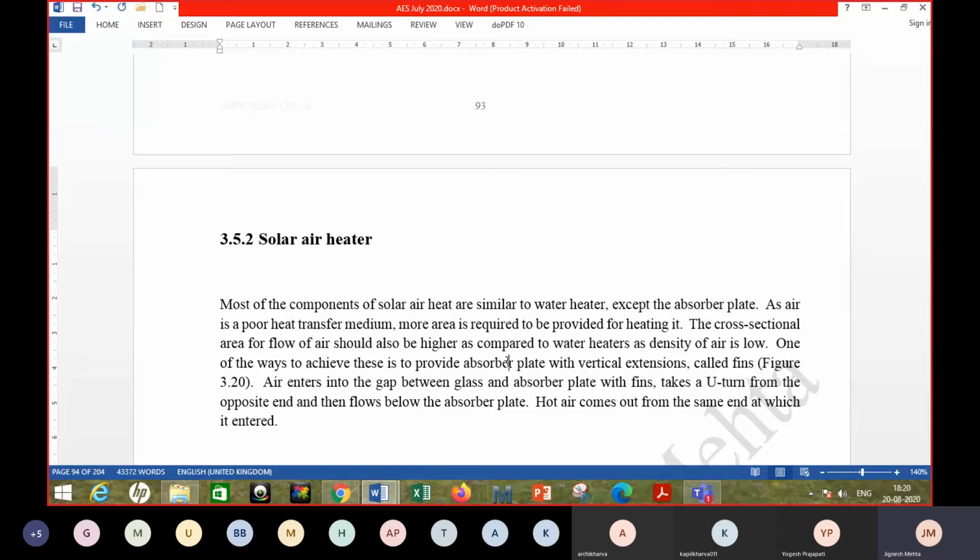So you know the basic equation, Newton's law of cooling, or the basic equation of convective heat transfer rate, that is Q is equal to hA delta T. Right? Delta T is the temperature difference between the two surfaces or fluid and the surface, h is the heat transfer coefficient, and A is the area.